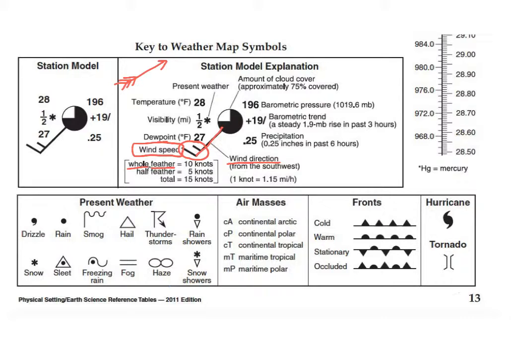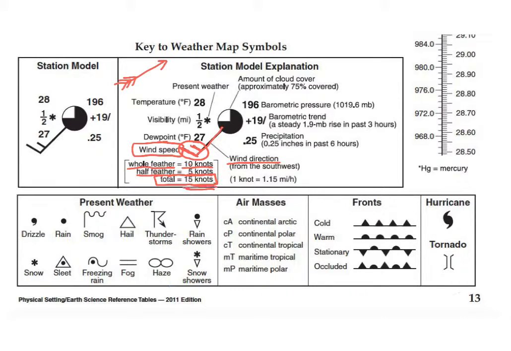So if you have a whole feather, like this one, a long feather, that equals 10 knots. And if you have a half feather, that equals 5 knots. Since this one has a whole feather and a half feather, we add 10 knots and 5 knots together, so our total wind speed is 15 knots. You might not be familiar with a knot.